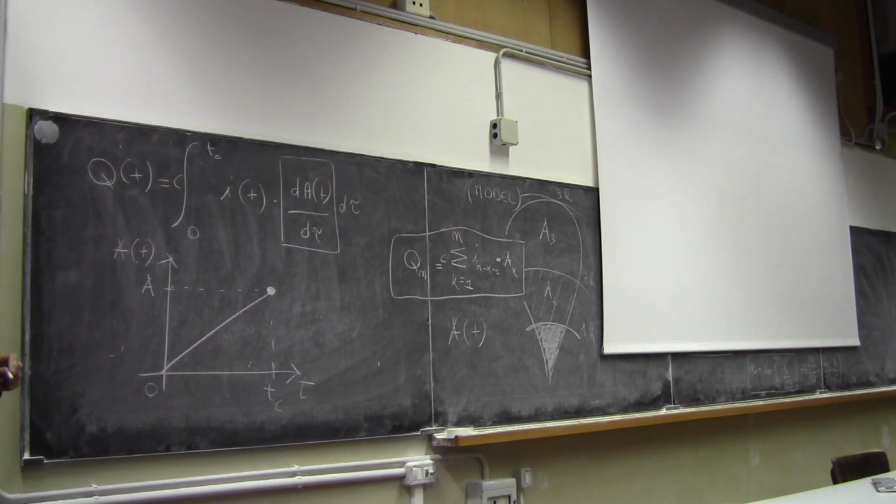If it is linear, what does it mean? It means that, okay, now let me drop this concept. If it is linear anyway, it means that, of course, the contributing area is a linear function of time.